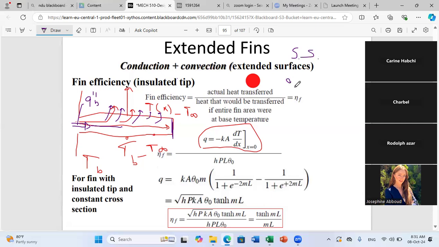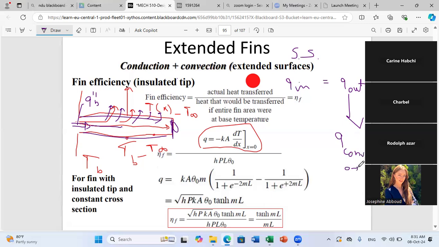Now, as we said, we consider an insulated tip, so no losses there. Losses Q out are through the lateral area of the fin. So what is Q out here? It's the total heat convected through the fin between 0 and L.